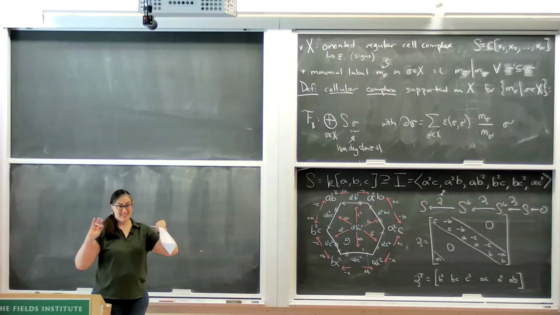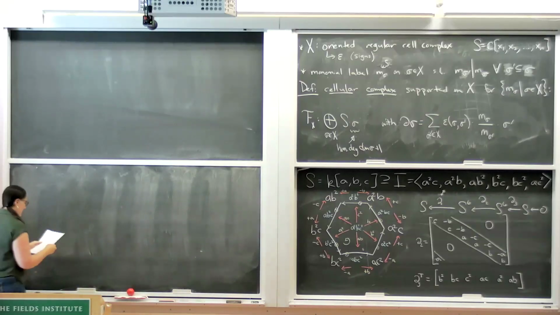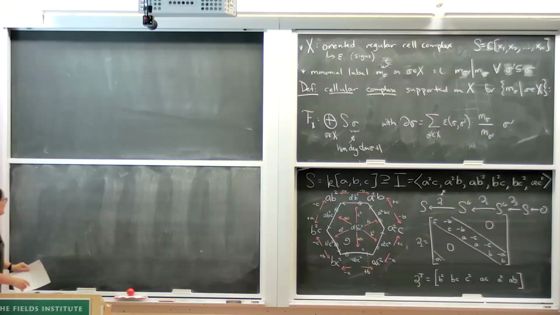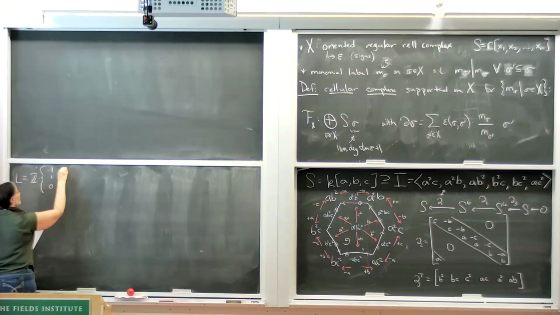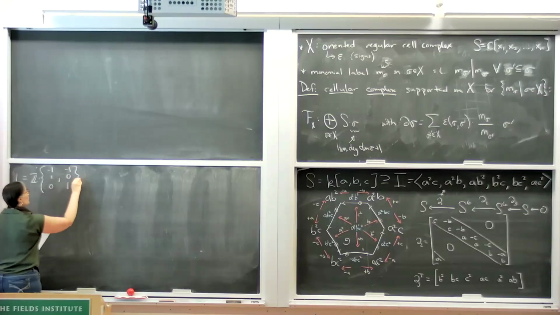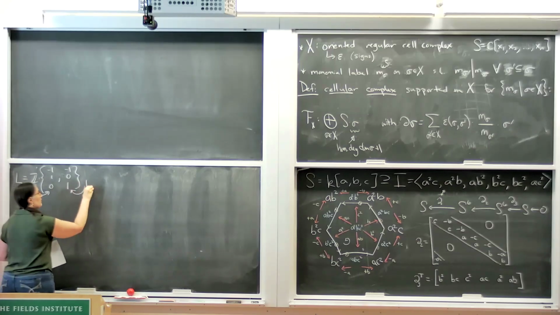Really simple ideal, just because you'll see. All right, so the first thing I want to do, right, I have my lattice. So L now I'm thinking of as the Z span of these two vectors. I want to give these names. So this is going to be L1. This is going to be L2.